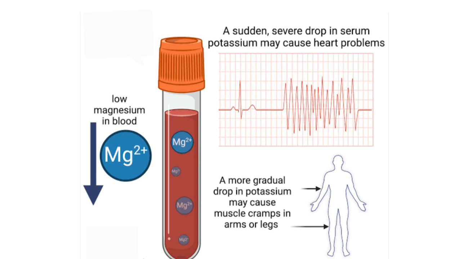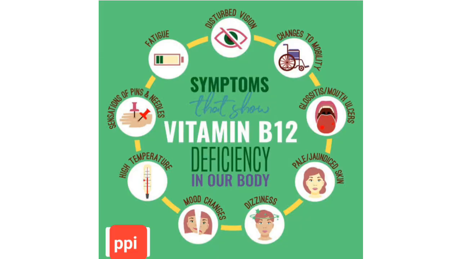And another important finding in patients using proton pump inhibitors is a vitamin B12 or cobalamin deficiency. This is more likely to occur in patients who are taking proton pump inhibitors for a long time, especially greater than 3 years. And it can cause signs and symptoms of vitamin B12 deficiency if severe.